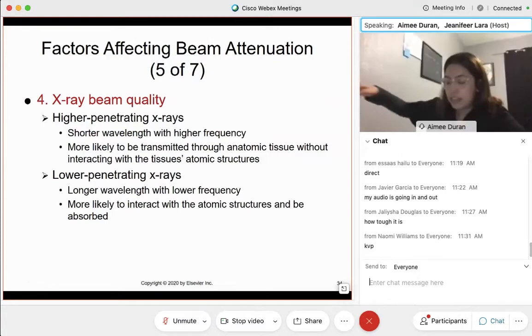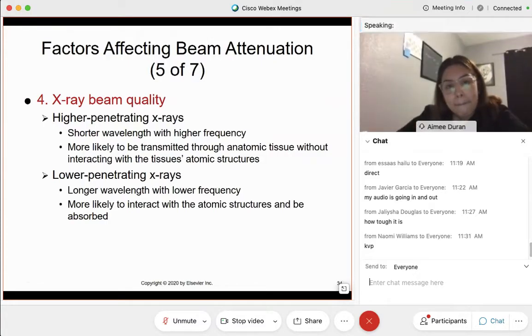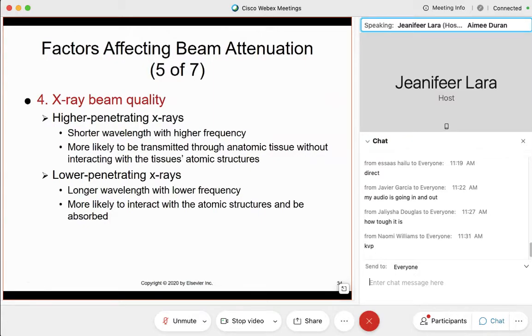If longer wavelength or lower frequencies are likely to cause more interaction, are they likely to cause more transmission? No. Transmission is the opposite of attenuation. You cannot have transmission and attenuation at the same time. It's almost like saying you cannot have penetration and absorption at the same time. Thank you.